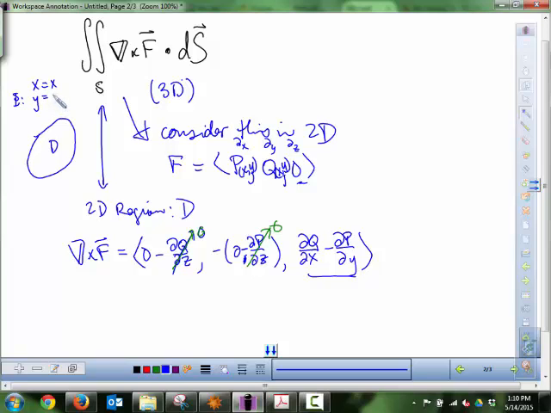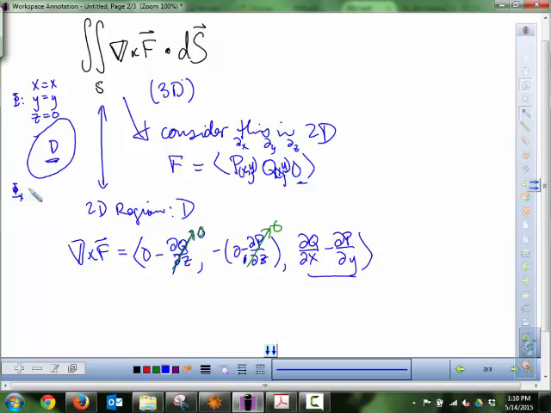And then what would the z be? The z would be 0 because it's flat on the xy plane. So here are our two independent variables, x and y, and we'll keep our domain D to be our limits of integration.